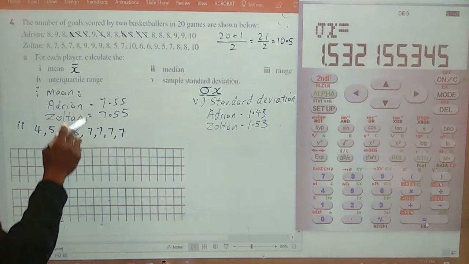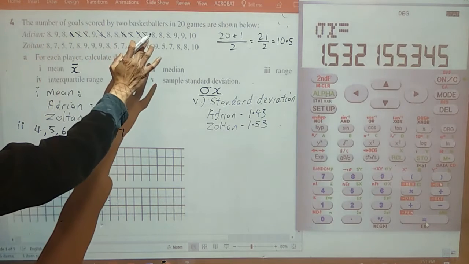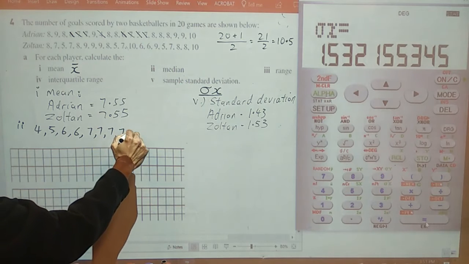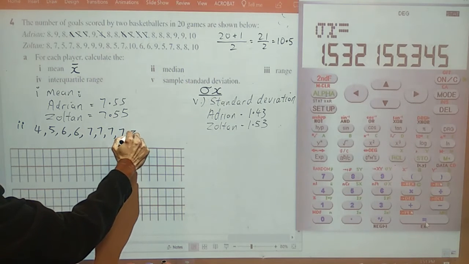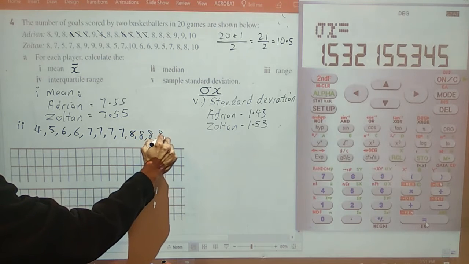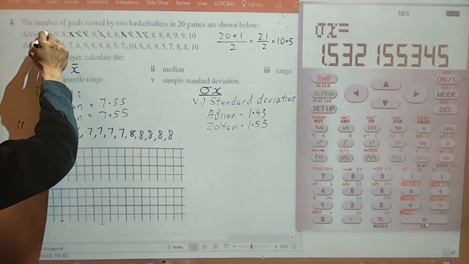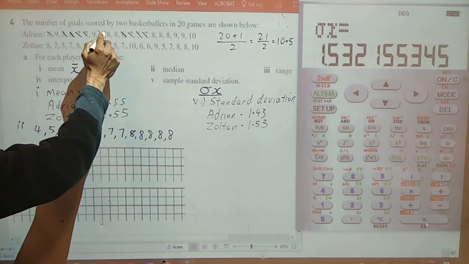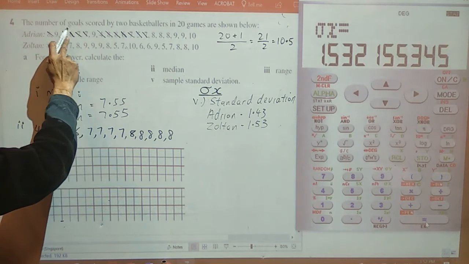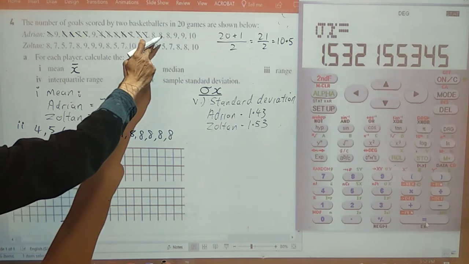What do we have next? We have 8s. 1, 2, 3, 4, 5. We have 5 8s. Let's cross the 8s out. Well, actually, we have more than 5 8s. We have 1, 2, 3, 4, 5, 6, 7.